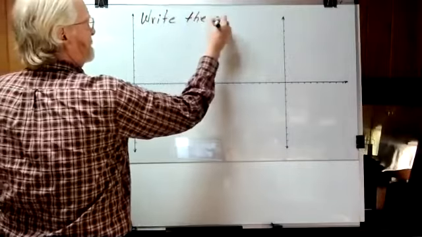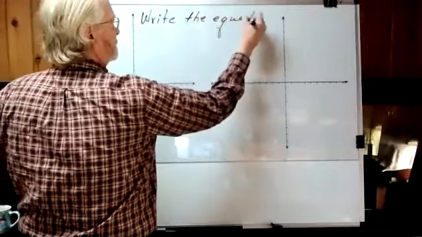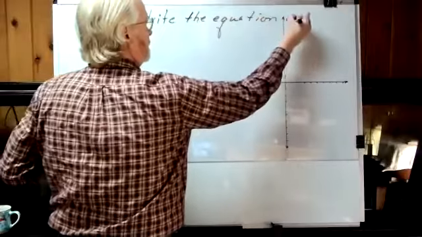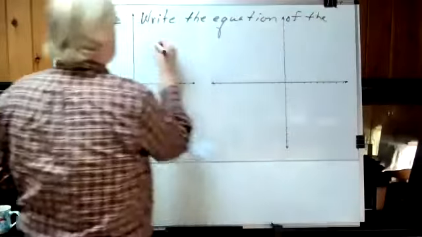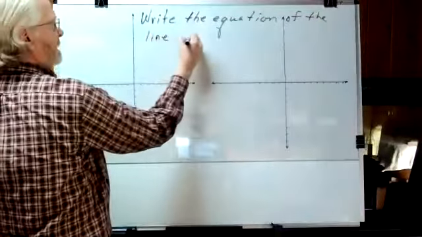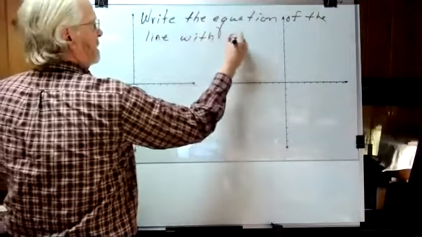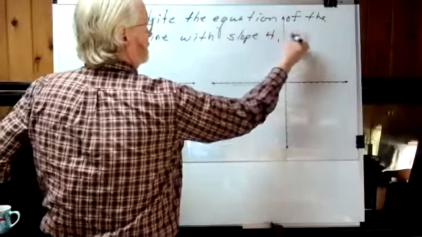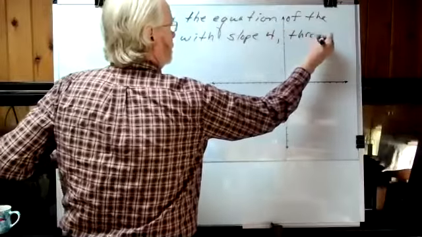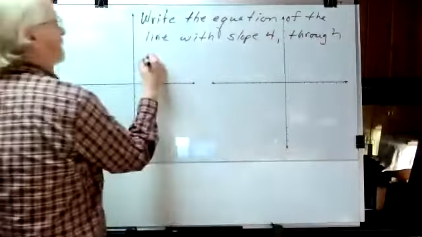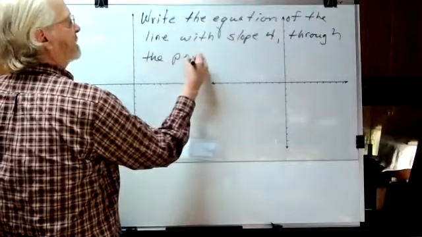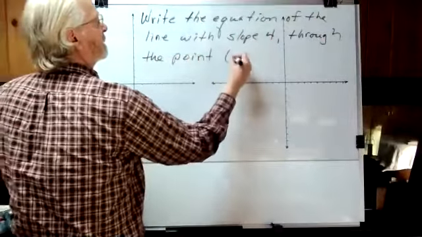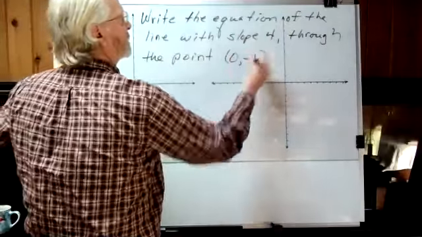Write the equation of the line with slope 4 through the point (0, -1).